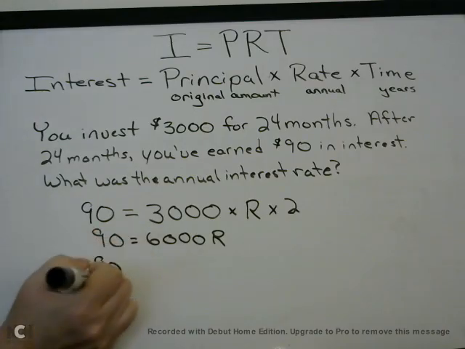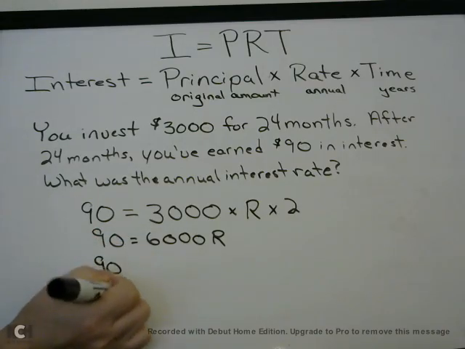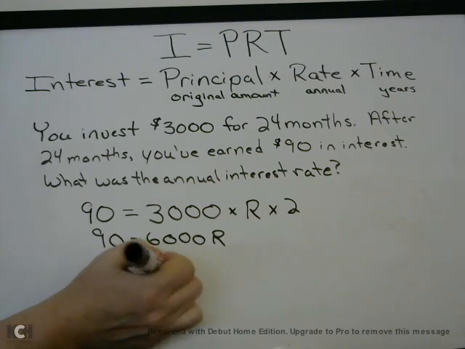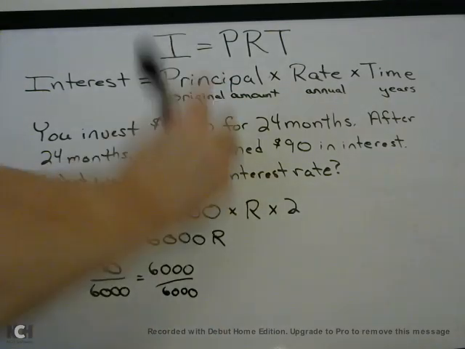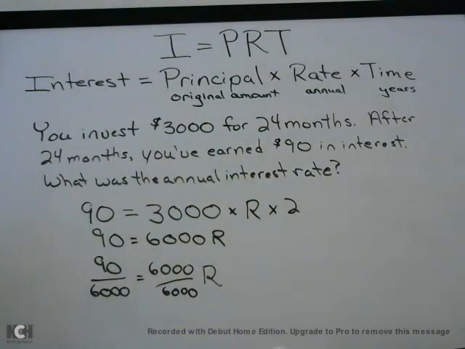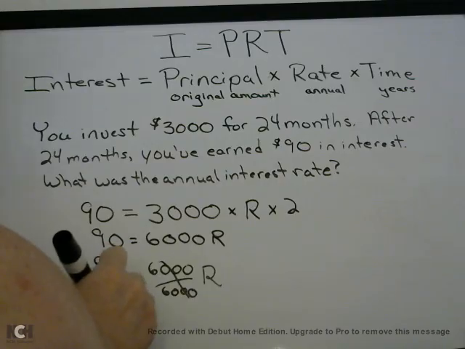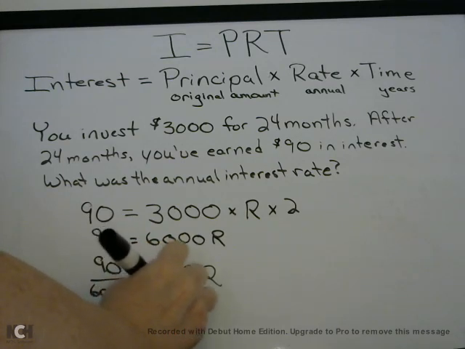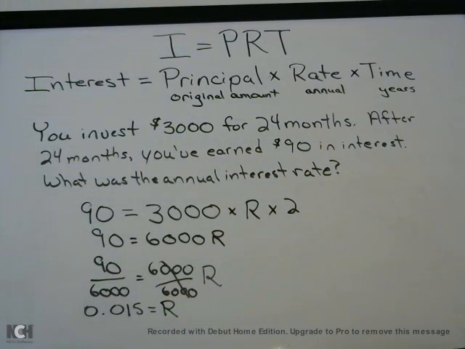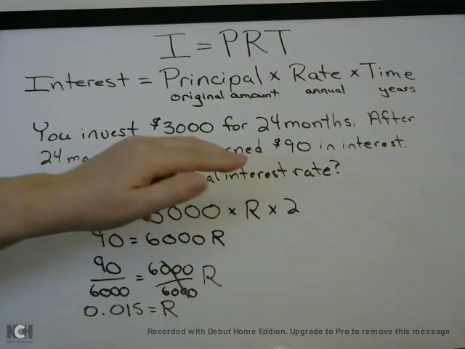So 90 divided by 6,000 equals 6,000 divided by 6,000 times r. 6,000 divided by 6,000 is just 1, so we're left with r. 90 divided by 6,000, you put that into your calculator, and you get 0.015 equals r.